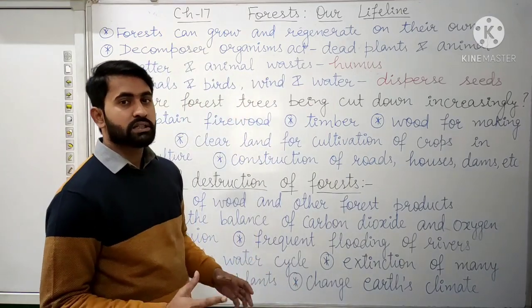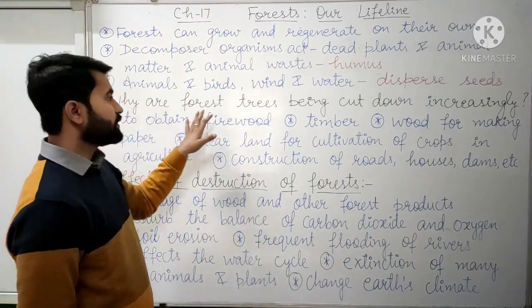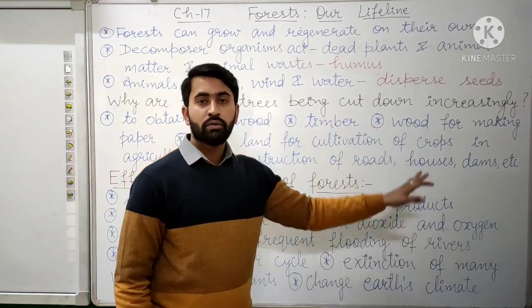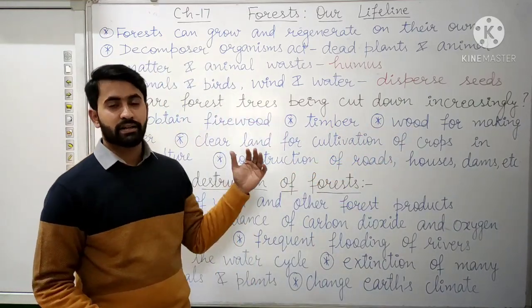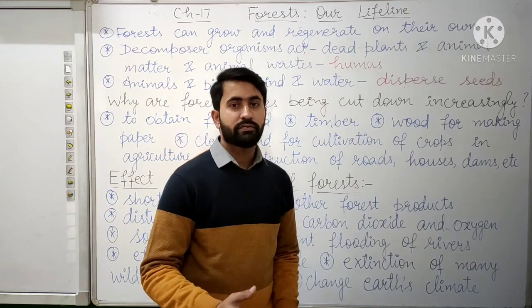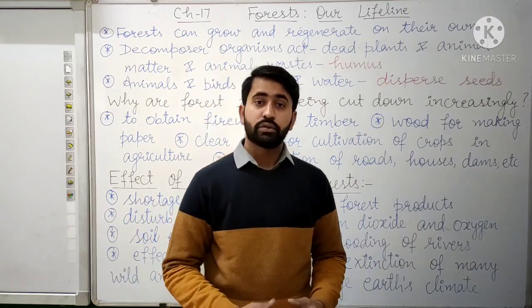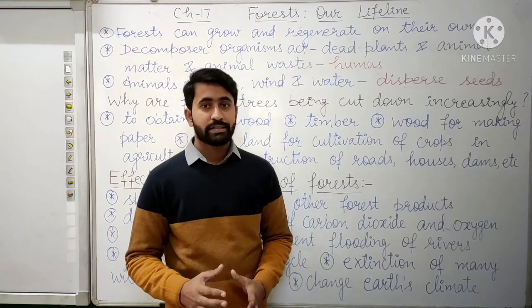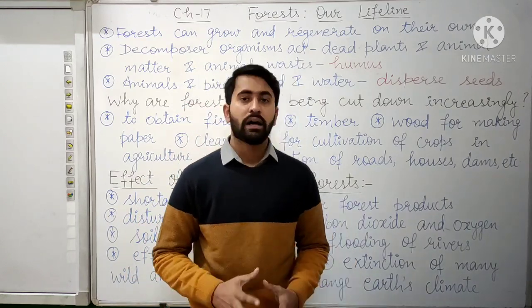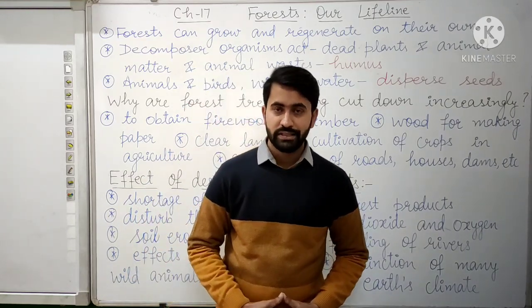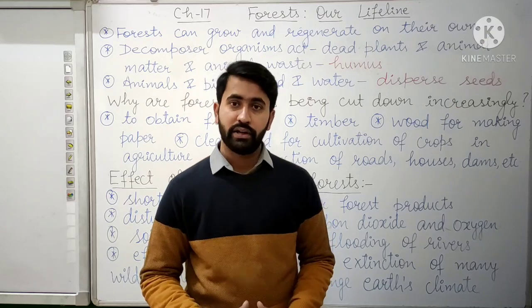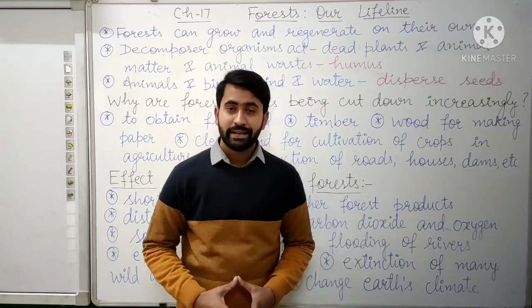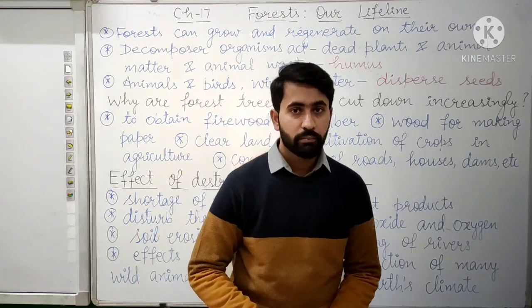Now we will learn why the forest trees are being cut down increasingly, or at a rapid or fast rate. As we know, our population is increasing day by day. A large number of forest trees are being cut down every day to fulfill the increasing demands of our population.